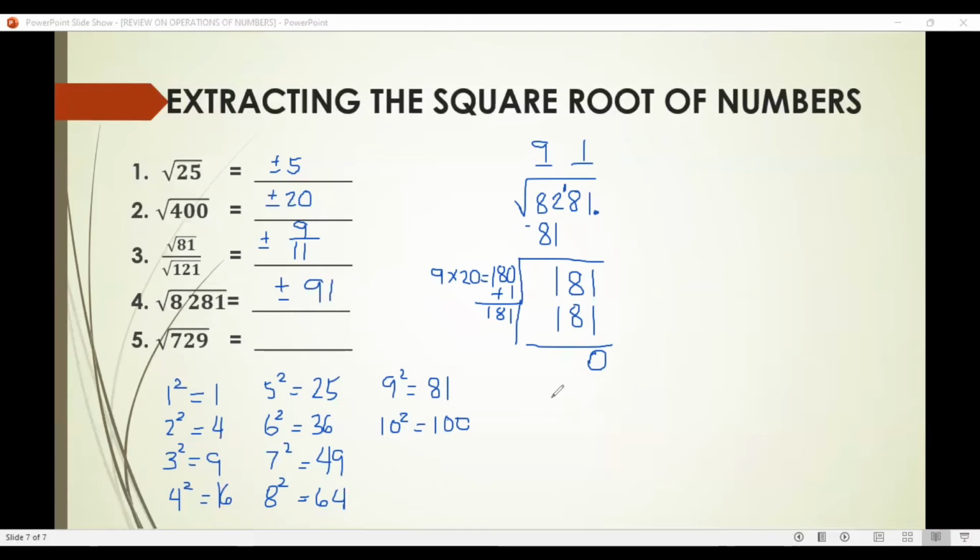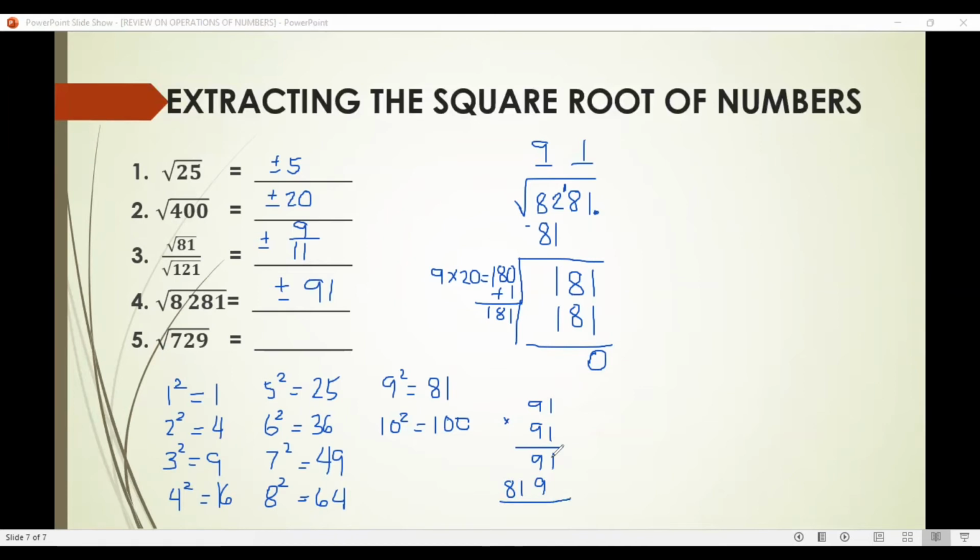Now, if you want to prove that this is correct, you can have 91 multiplied by itself. So 91 times 91, we can make use of our multiplication algorithm. So distribute 1 and then 9. And then you can also have 9 there plus the 9 times 9, which is 81.